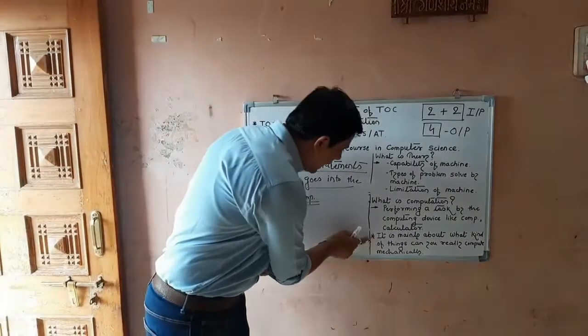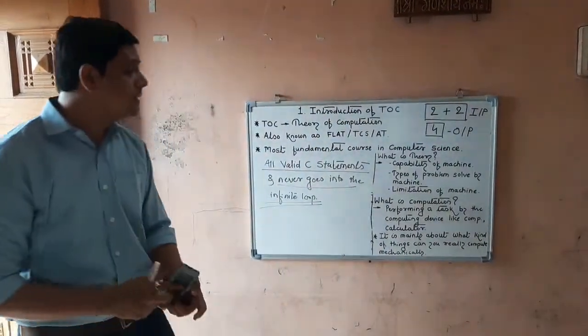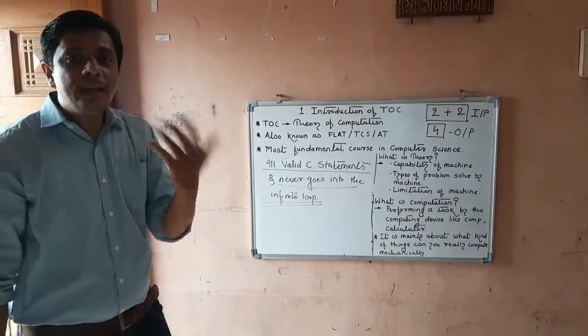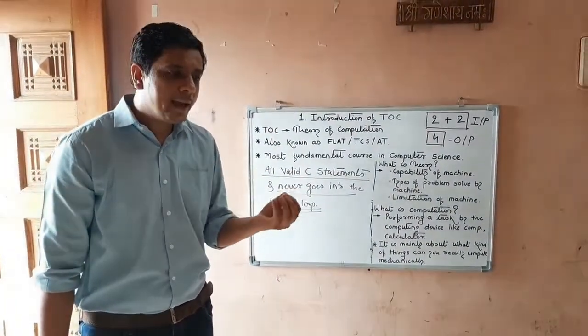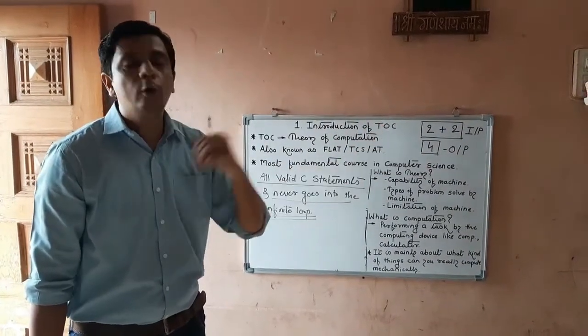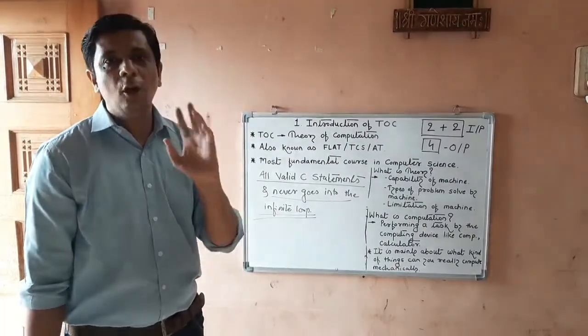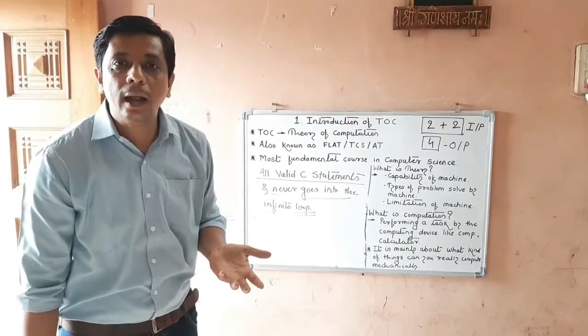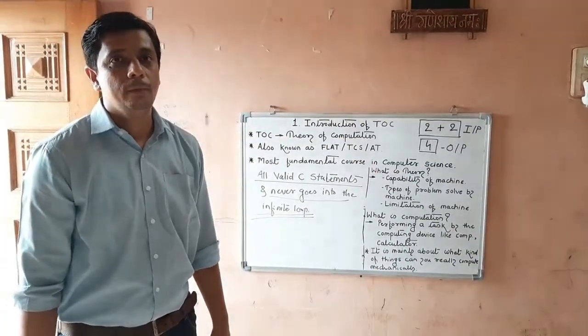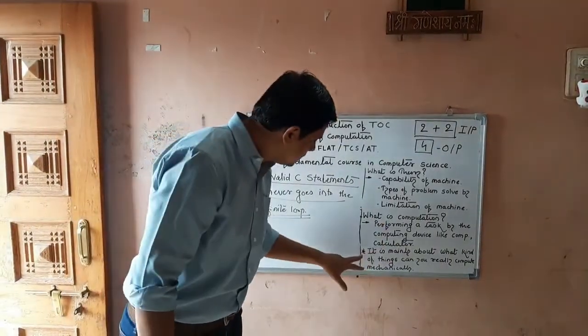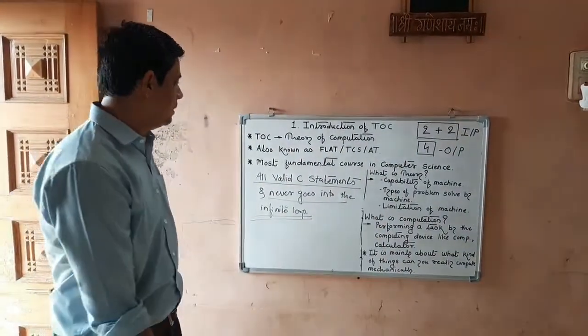This point is mainly about what kind of things you can really compute mechanically. We can compute mechanically what the output of a given program is. But we cannot say whether, after executing, the program goes into an infinite loop. This is the third point.